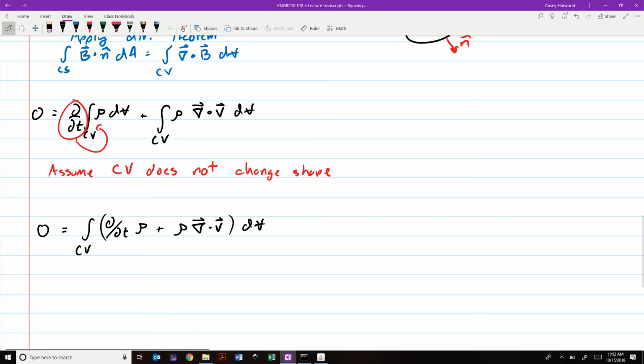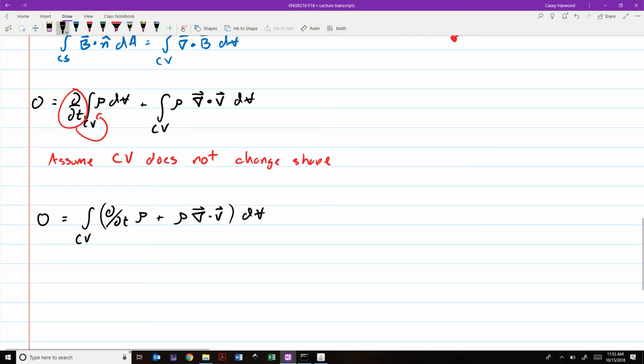Okay, so what we have here is a very explicit statement. What we haven't done is say anything about what size this control volume has to be. There have been no assumptions about that yet. It could be the size of this room, or it could be vanishing down to an infinitesimally small little cube. And so if this is true for any size control volume, that means it has to be true everywhere inside of that control volume. There's a step in logic where we say if we haven't specified what the control volume looks like, and this whole thing is 0 regardless of the choice of CV, that has to mean that everything inside that CV is equal to 0.